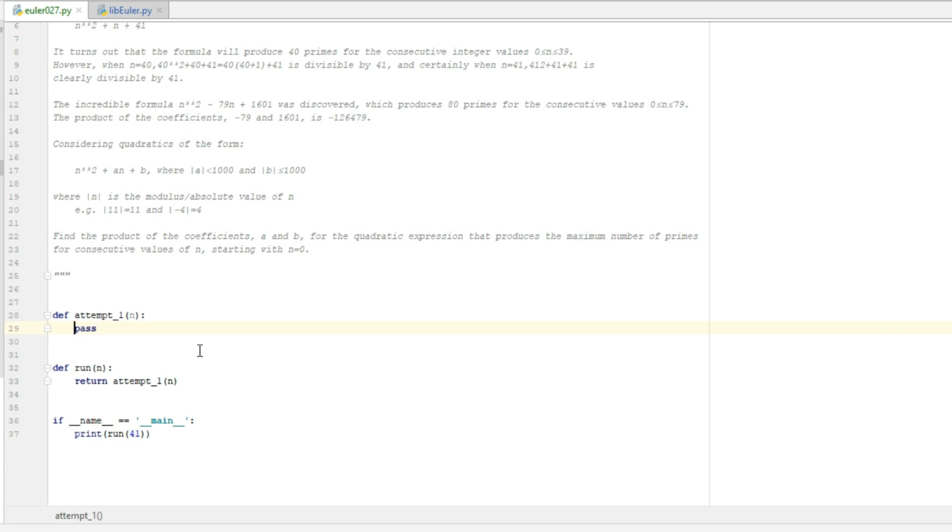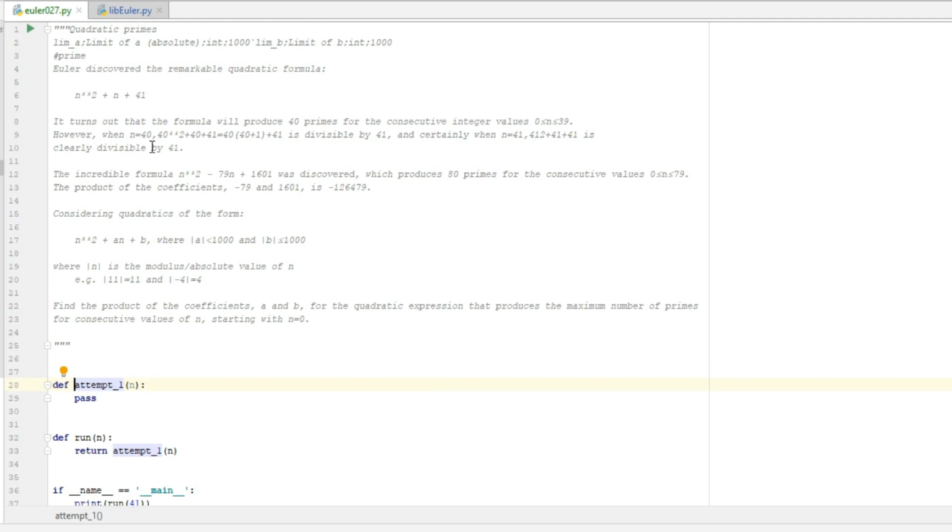We will be taking two parameters, however. We will get an upper limit for a and an upper limit for b, which are both set to 1000, which is incorrect because this one is actually one less than this. So we need to set this up.